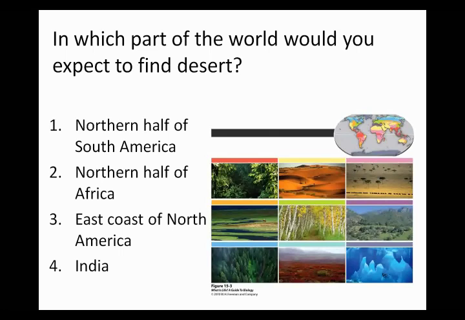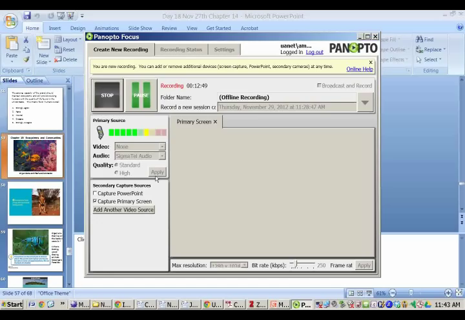And so if you said, which part of the world would you expect to find the desert? You would hopefully look towards the equator where you know there's a high temperature. Here you can see a desert region because there's not a lot of rainfall. And so if we look over here, that corresponds to the northern half of Africa. And I'll move on to the next slide.